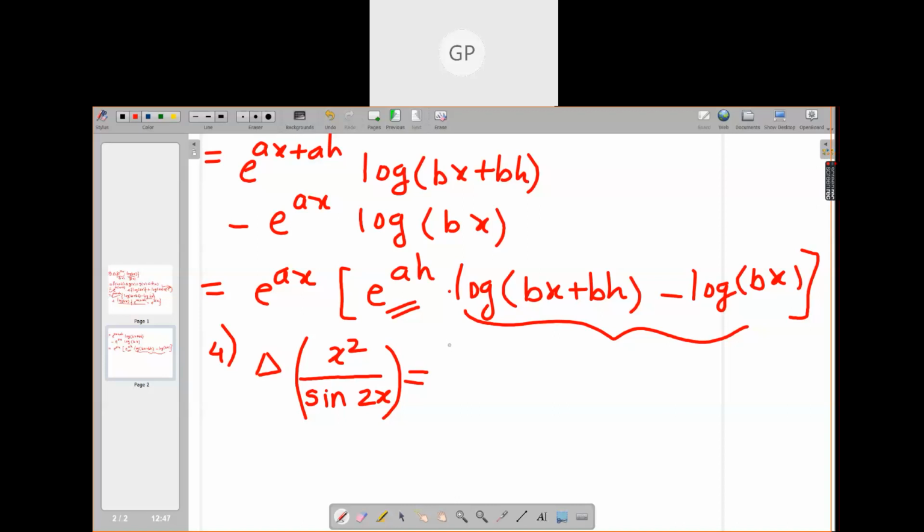What is delta fx upon gx? Prove that. It is gx into delta f of x minus f of x into delta g of x, whole divided by g of x into g of x plus h.